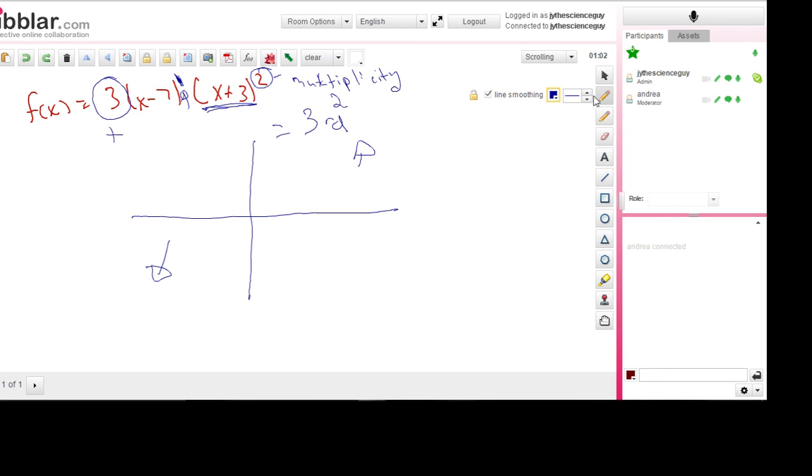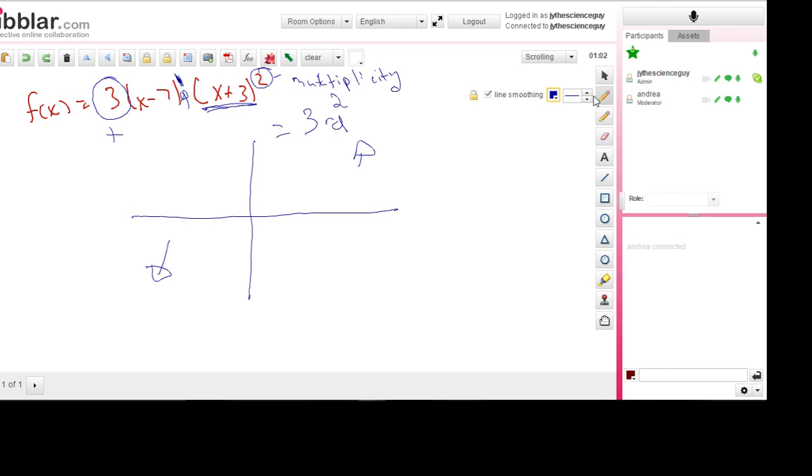Okay, I have a question. Yes. Now that you said it's third degree, how did you know which way the arrows are going to be pointing? I know there's one going to be up and one's going to be down, but how did you choose which way to start? Because if I know my parent functions, that's what I was thinking. x to the third looks like this. Okay.